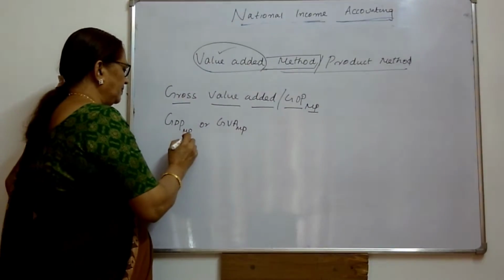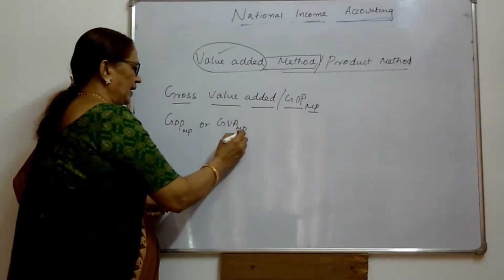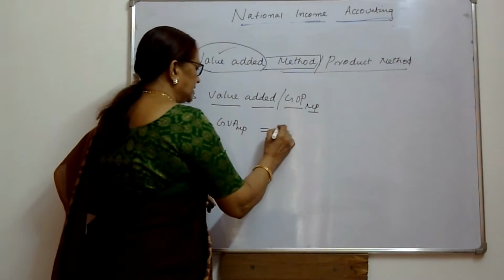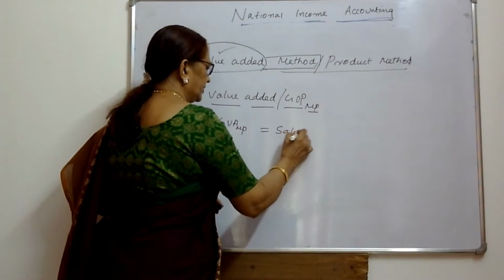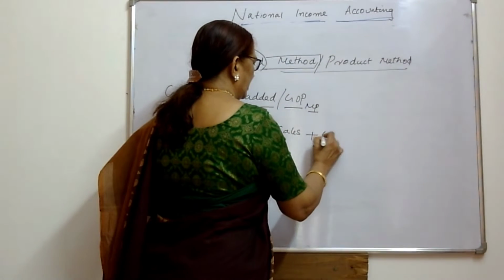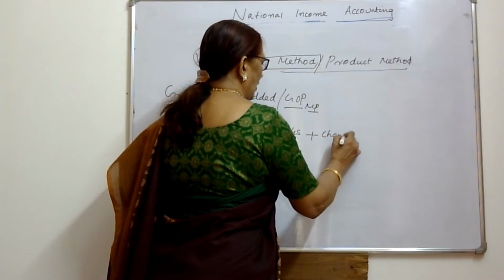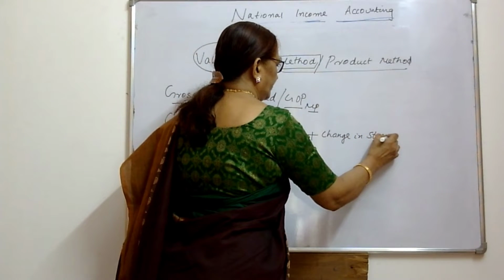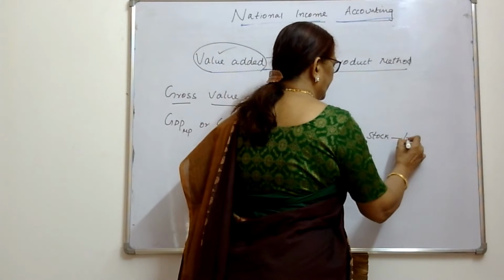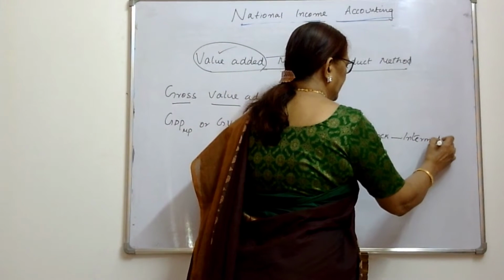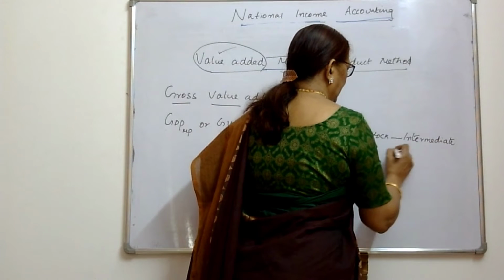So GDP at market price or gross value added at market price is equal to sales plus change in stock, or change in inventory, minus intermediate consumption.